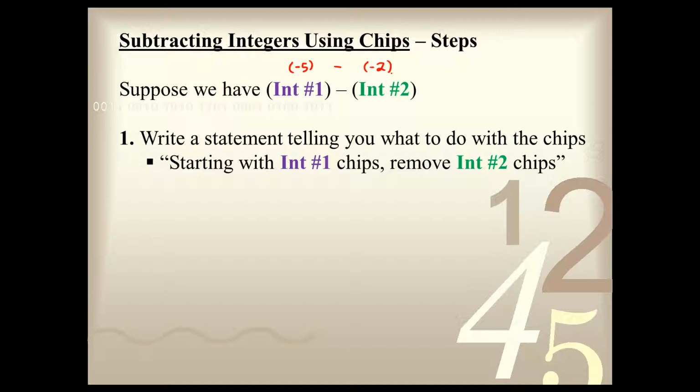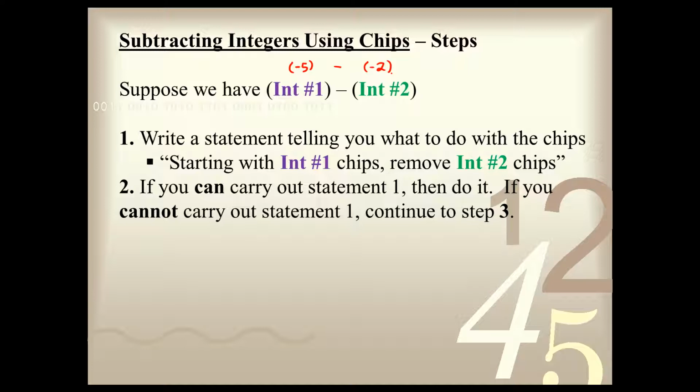Then you want to remove integer number 2 chips. Integer number 2, again, if it's a positive integer, red chips. If it's a negative integer, blue chips. So for the example at the top, -5 subtract -2, the statement would be starting with 5 blue chips, subtract 2 blue chips.